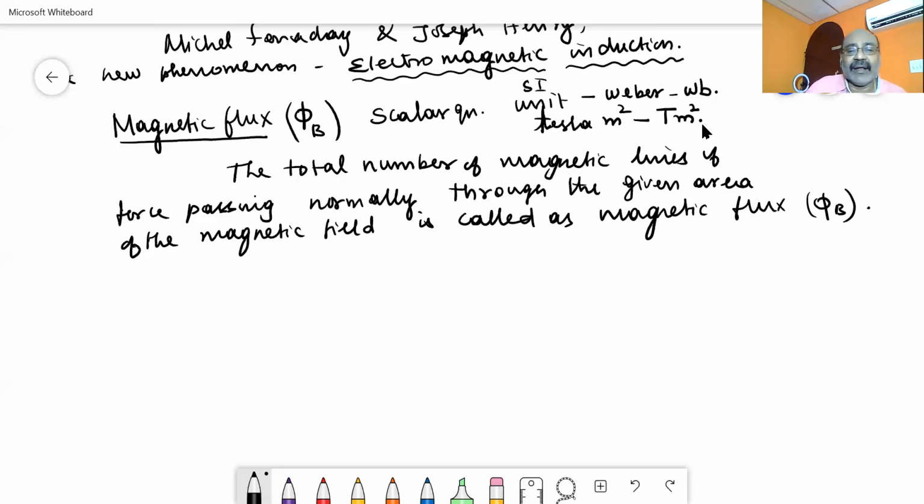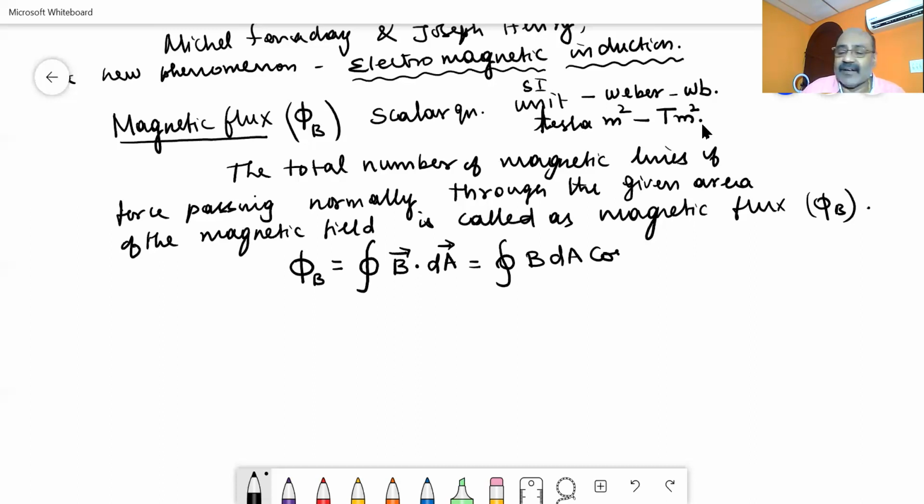Now, what is the expression? Phi of B is equal to, as you have written in electrical flux, closed integral of E vector dot dA vector. Here you will be getting B vector dot dA vector. So what will be the answer? Then I can write closed integral of magnitude of B, magnitude of dA into cos theta.